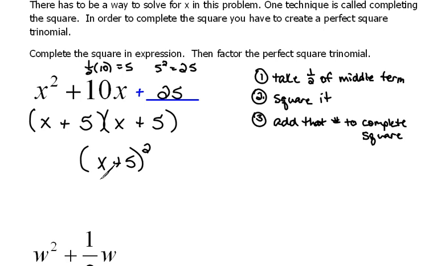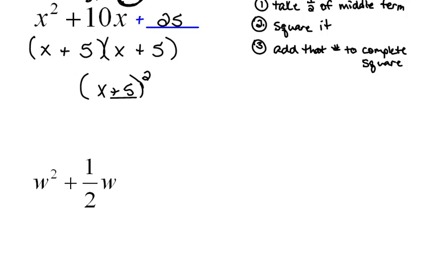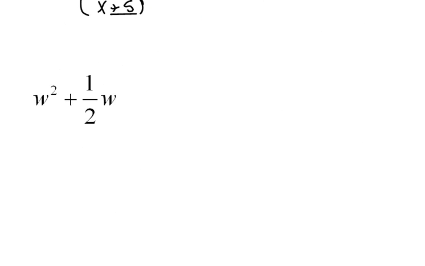It is a perfect square. This trinomial factors into a perfect square. That's what we're doing when we complete the square. And also, I want you to notice that whenever we factored this down, this number here was that halved amount. That always happens.